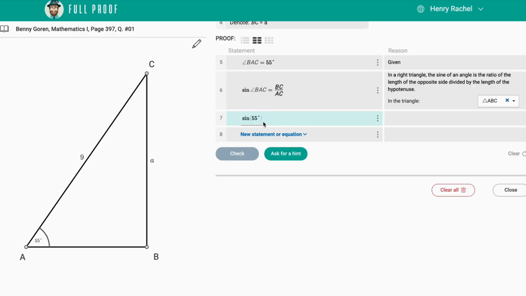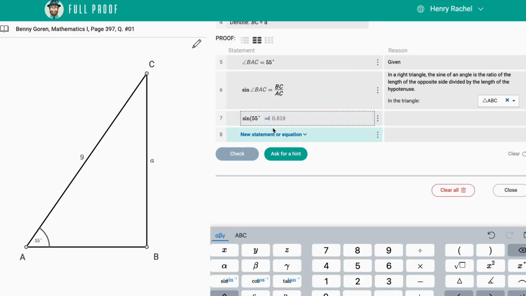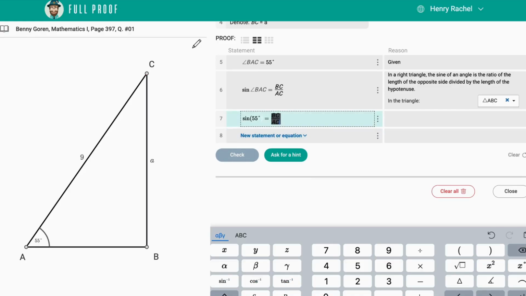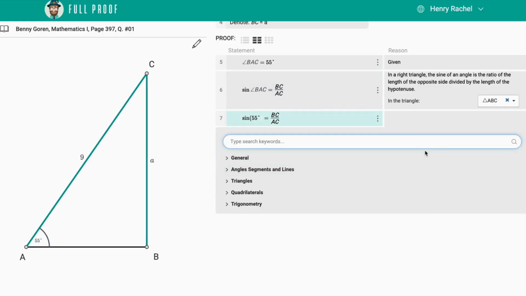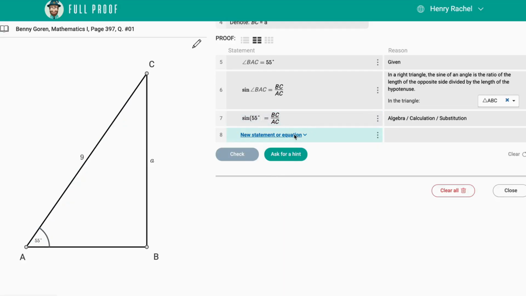And let's just restate some information. Sine of 55 equals BC divided by AC. And we're just going to call this algebra, calculation, substitution. All we did was substitute our given statement into what we stated.